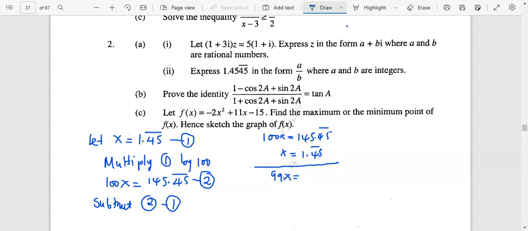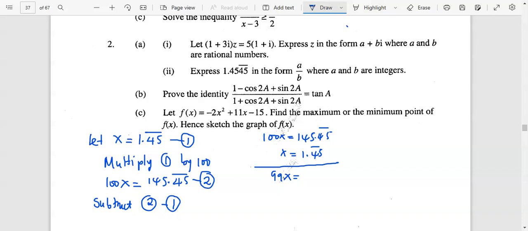So in both equations, after the decimal point, we have got 0.45. So those two are going to cancel out. We are just going to remain with 145 minus 1. 145 minus 1 would basically just give you 144.